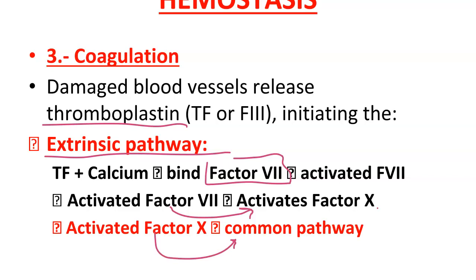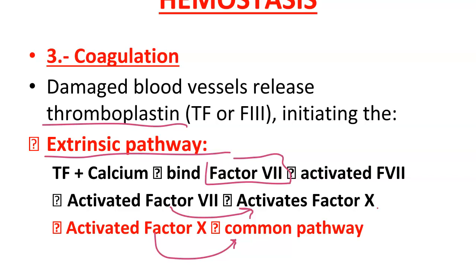Now, these are very complex events. You do not need to know in detail what is happening at each step. What you do need to know is that there are two pathways, the extrinsic pathway and the intrinsic pathway, which we will see shortly. You also need to know that the proteins involved in each of these pathways are called clotting factors, and they have numbers attached to them, like factor 7 or factor 10.